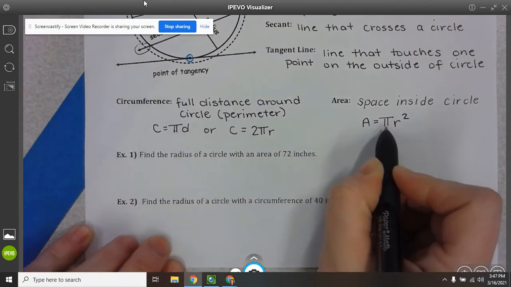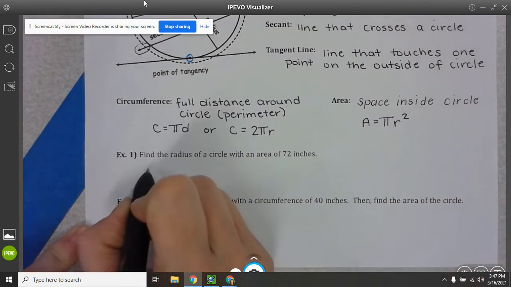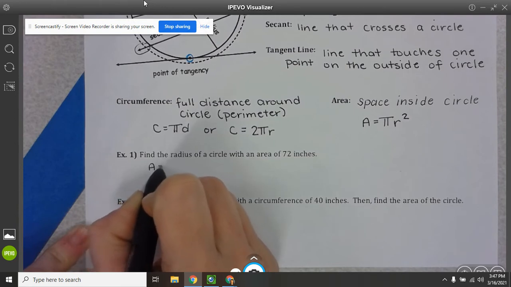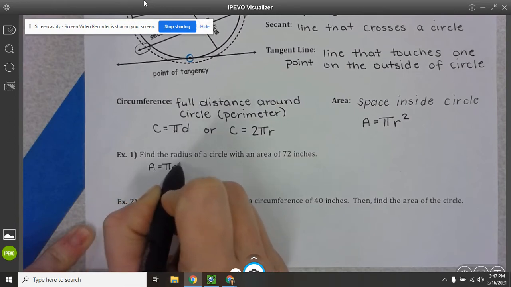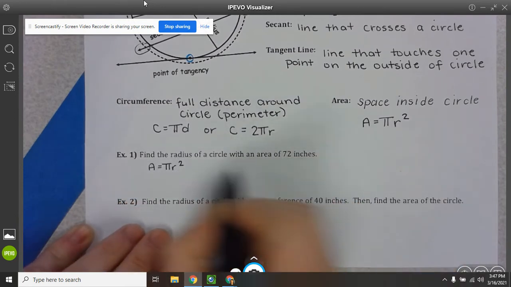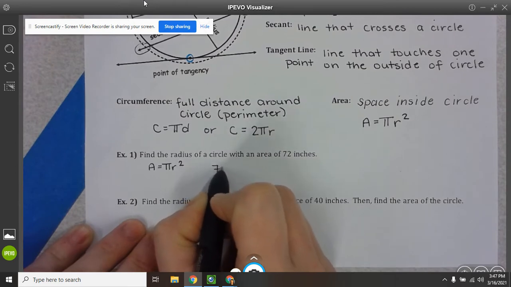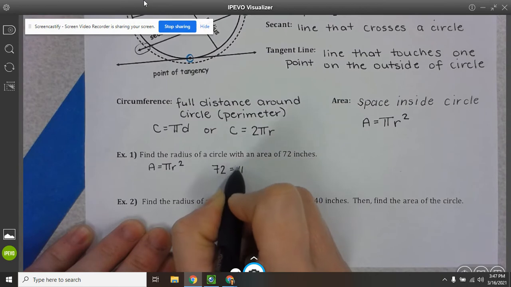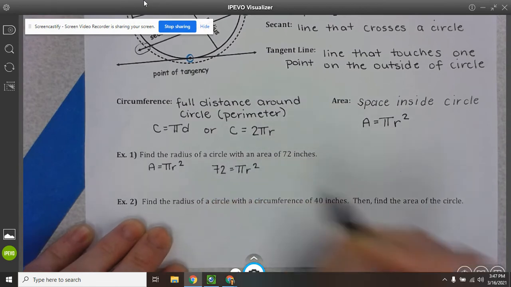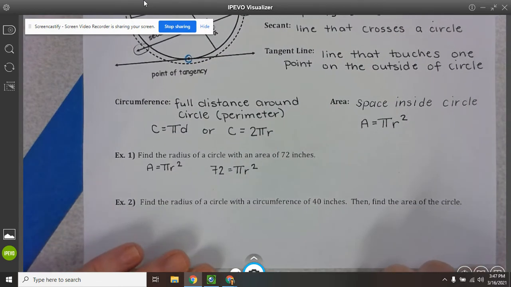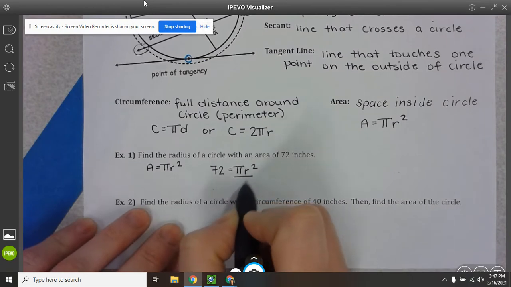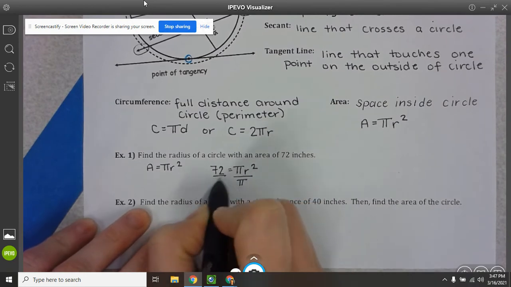So I'm going to use this formula here. I know that area is 72 inches, so I'm going to replace A with 72. And then I'm going to divide by pi, because remember, pi is just a number.